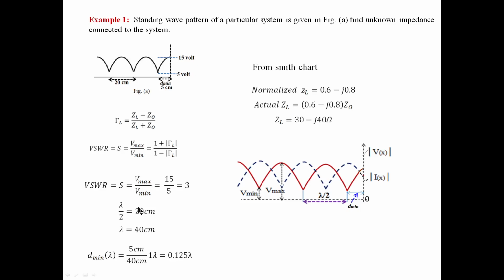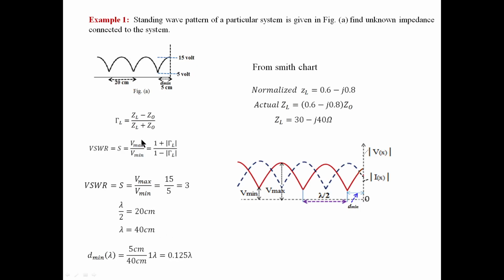To convert that, find lambda, the wavelength. The distance between two minima is lambda by 2. From here it is given as 20 centimeters. What is the value of lambda? Lambda equals 40 centimeters.